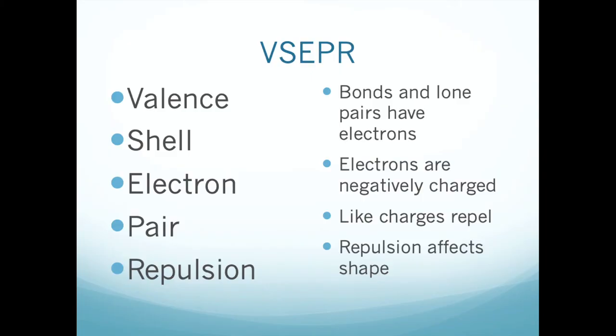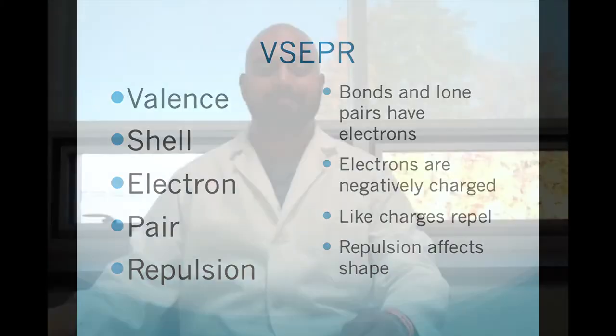Now, electrons are negatively charged, and things that have the same charge will repel each other. So these bonds and lone pairs repel each other, and it's this repulsion which dictates the shape of our molecules. Okay, that's basically what VSEPR theory means.